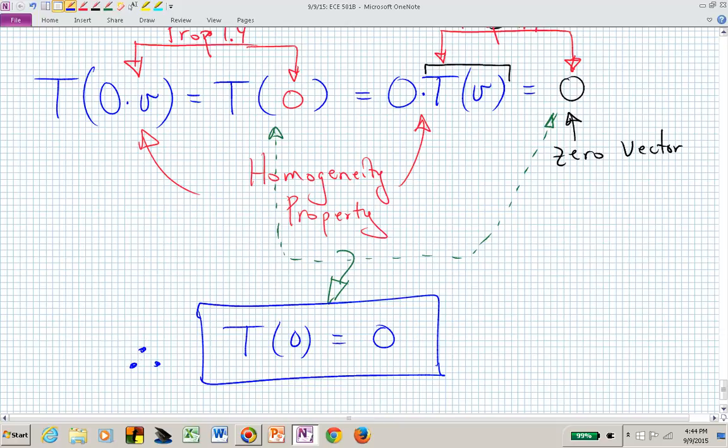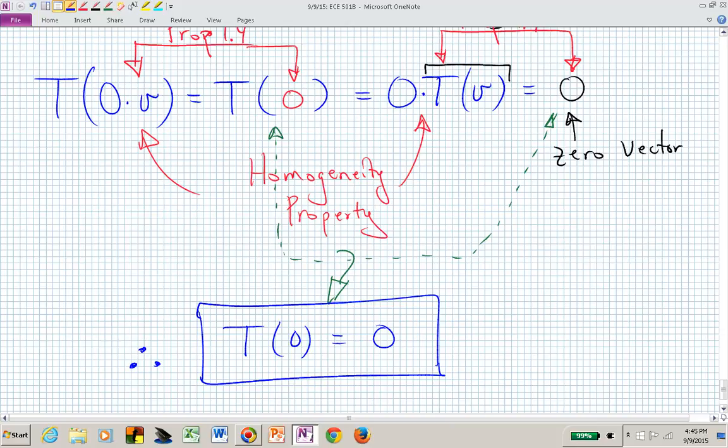The linear map satisfies the homogeneity property, which is why we were able to make this equality between expression 1 and 3 in that chain of equalities. We used proposition 1.4 a couple of different times in that chain, and then we extracted expression 2 and expression 4 to end up with the result that we wanted.